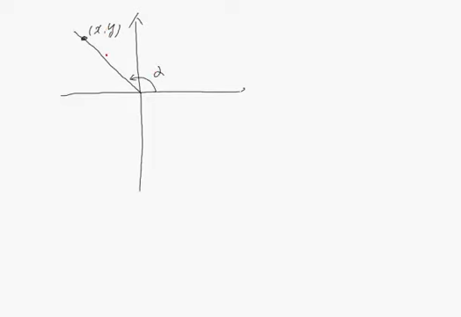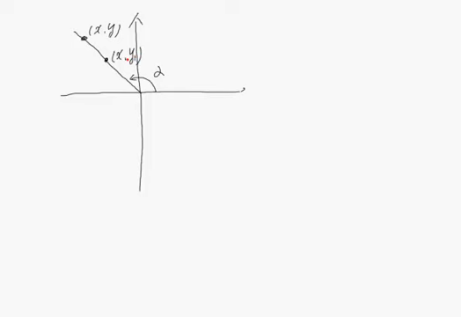So we just take the terminal side in quadrant 2 as one example, and say we have this point x and y, and then we know, say this is alpha, and say this is the point of intersection with the unit circle, x1 and y1.